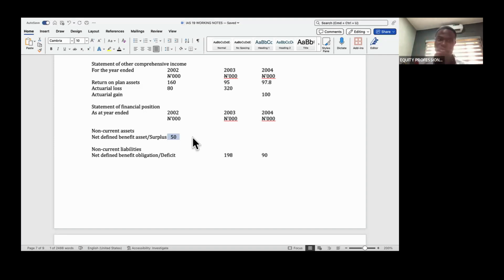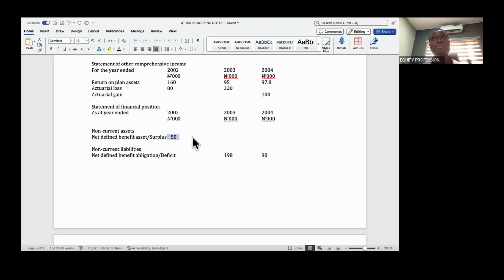So in this scenario, the way this 50 was determined is by comparing a plan asset to an obligation, and you now got 50. Don't just put 50 in your books for putting sake. Can you actually get 50 back? And how can you get 50 back? Hypothetically in this case, two ways.